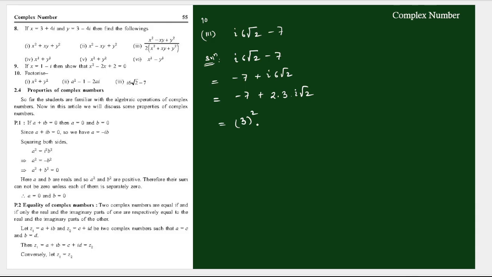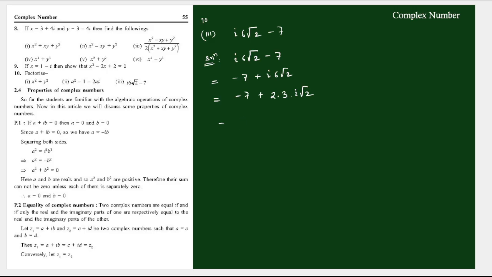It will become your 9 दी. It will become your 9 and 7 is 9 minus 2. 9 minus 2 is your 11 आना पड़ेगा क्योंकि -7 है. हाँ, this will not work.